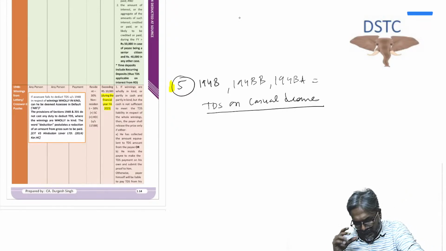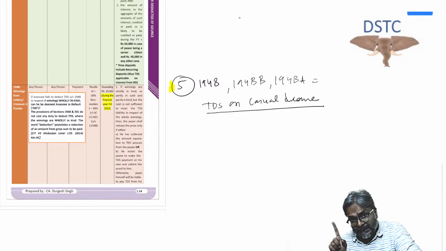TDS on casual income. Okay, students. So this along with the last category of TDS would be in the next class.